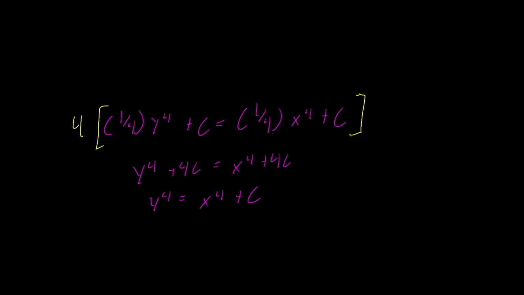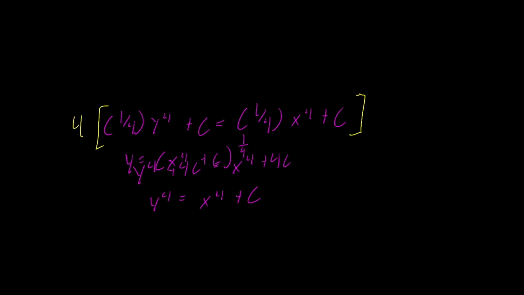Now, for ease of finding our general solution for this differential equation, we want to solve it such that it's y equal to. In this case, it's y to the fourth. So what can we do to get rid of that fourth power? It turns out we can raise this whole system to a fourth.